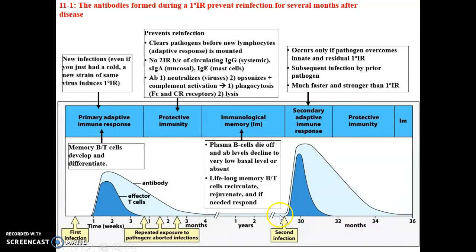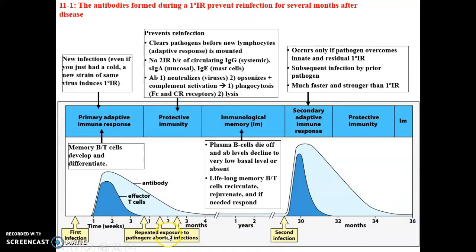So here you have some antibody left, not a lot, but if you get a low amount of inoculating numbers of that second encounter, the antibodies that are present are able to neutralize it and you don't get sick. If that were to happen, you wouldn't have this secondary adaptive immune response. But if the microbe were to overcome what's left here, then you would have a secondary immune response.